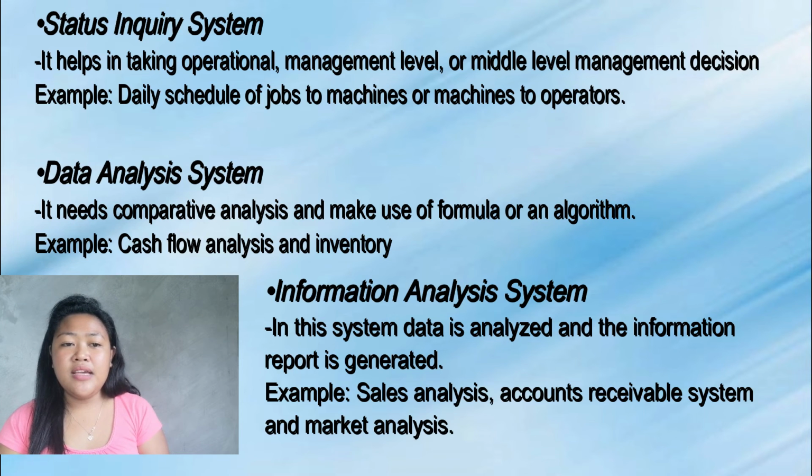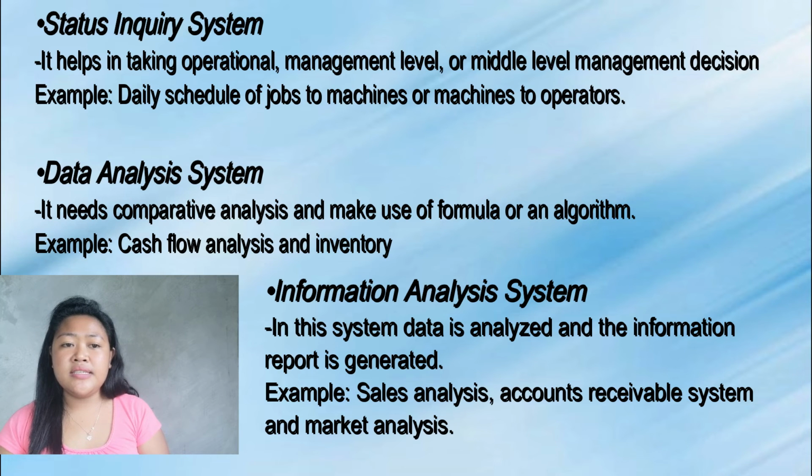Example, daily schedule of jobs to machines or machines to operators. Data analysis system. It needs comparative analysis and makes use of a formula or an algorithm. Example, cash flow analysis and inventory.